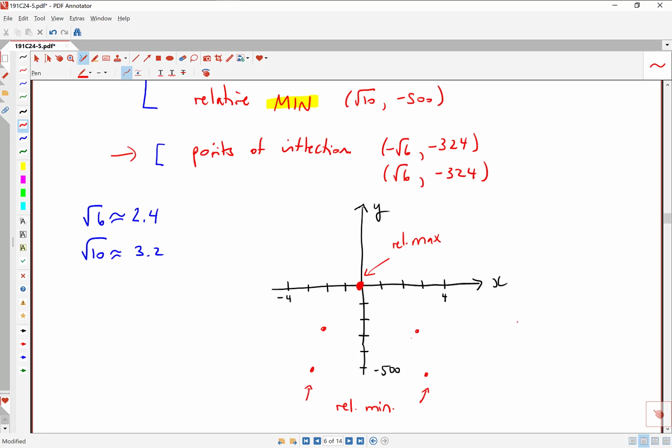So now let's see if we can draw a curve that's joining all those points and that has these properties that we've highlighted. If this point here is going to be a relative minimum, then our curve must be doing something like that. And the fact that there are no other relative maximum or relative minimum points to the left of that tells us that our function must just be doing this.